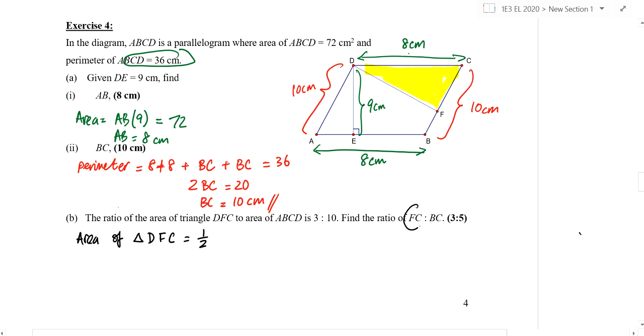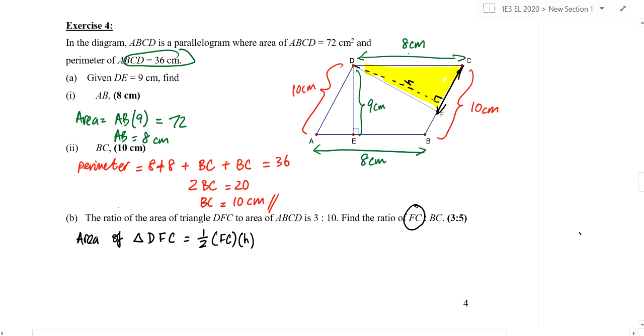In other words, over here, FC. So half times the base FC times the perpendicular height. Now if FC is the base, then it must also have a perpendicular height over here. This has to be drawn in by yourself. Let's call this H.